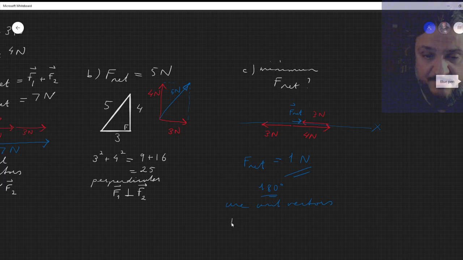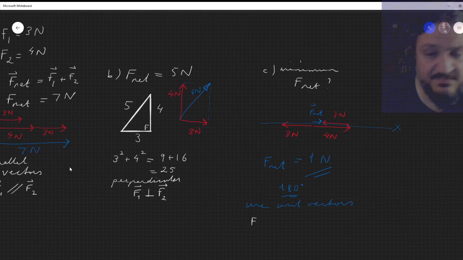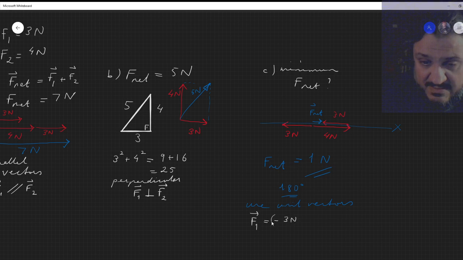Then F1, which one was F1? F1 was 3. So 3 is pointing to the left, right? So F1 is actually negative 3 newtons times I hat. Or I think the book uses x hat. Remind me which one does the book use?